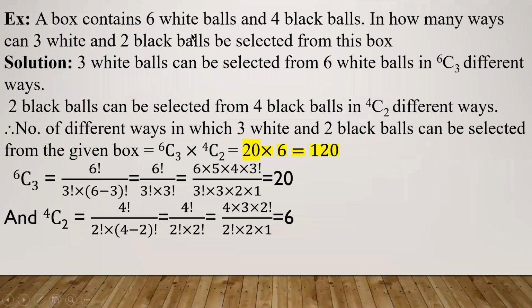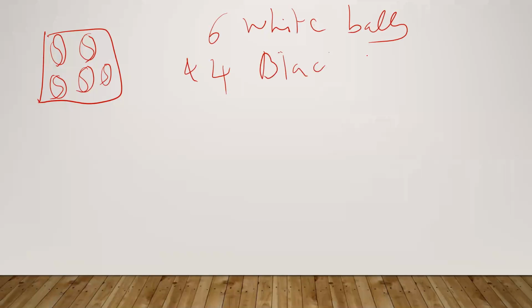There are 6 white and 4 black. So 6 white balls and 4 black balls are there.